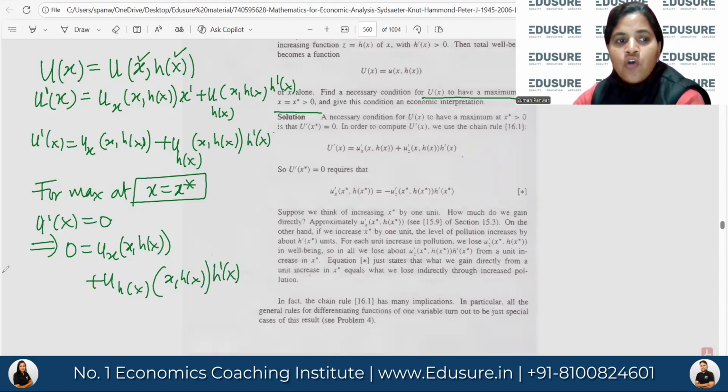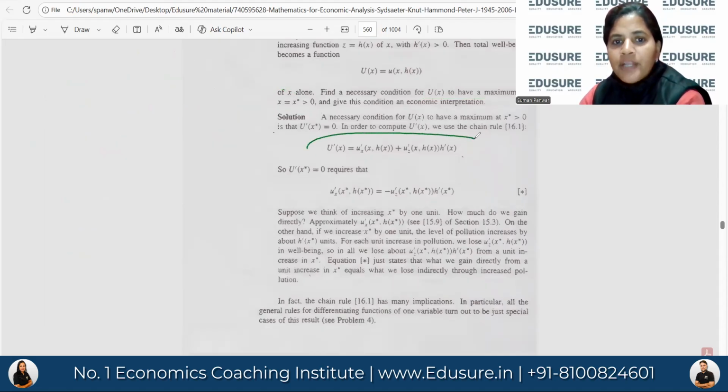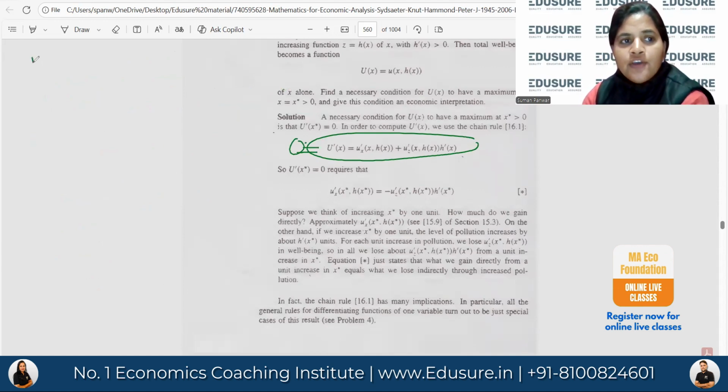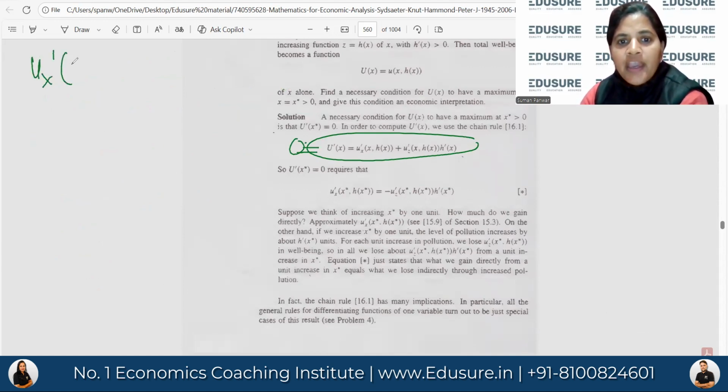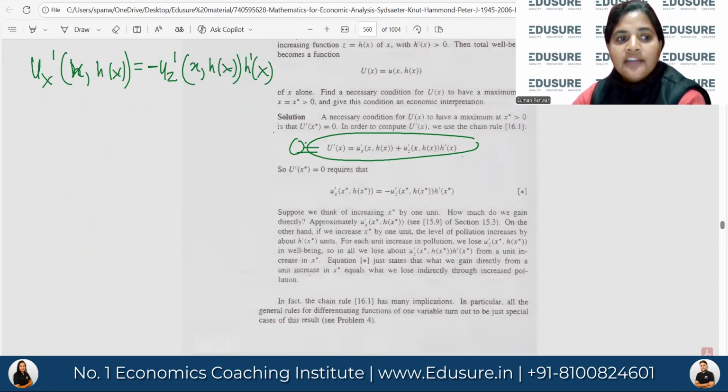So when I solve this particular equation and put it equal to 0, I will be getting ux dash x hx equal to minus u hx dash x hx h dash x. Now all this is happening at the level of production x star. So I will be replacing x by x star at this particular point.